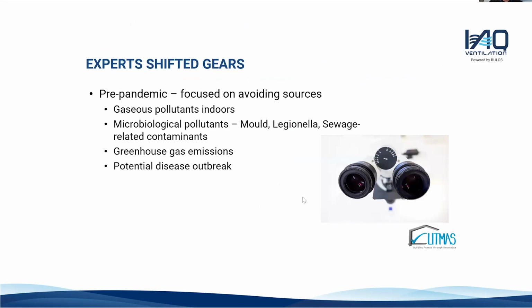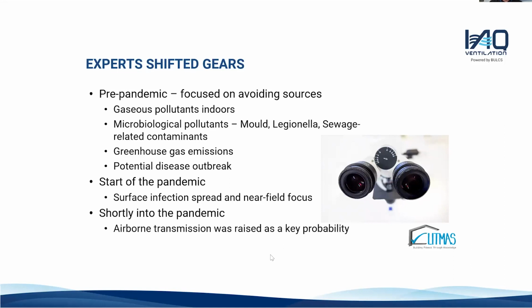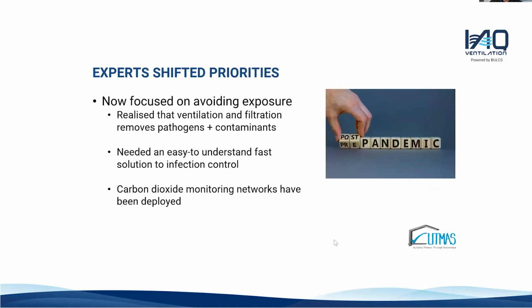Of course, the shift has changed. Pre-pandemic, we were looking at gaseous pollutants indoors, microbial, Legionnaires, sewage, greenhouse gas, and potential outbreak disease. At the start of the pandemic, we were looking at surface spread and near spread. Then we looked at airborne transmission, which raised a key probability. Then the shift came when the experts looked at it and gave the reasons we all know.